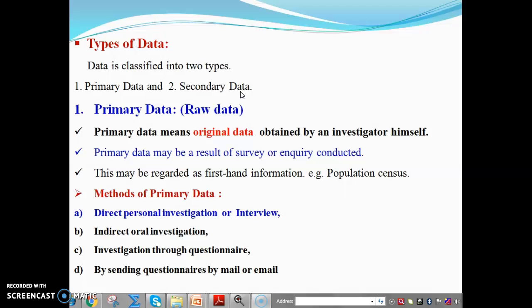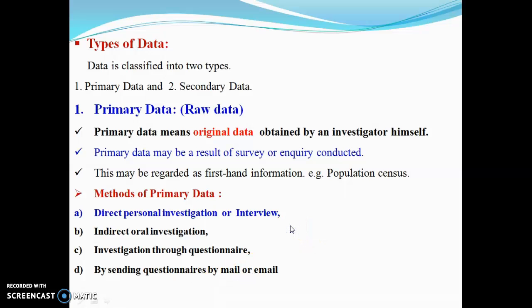The sources or methods of primary data: direct personal investigation or interview, or investigation through questionnaire, or by sending questionnaires by mail. These are the sources or methods of primary data.